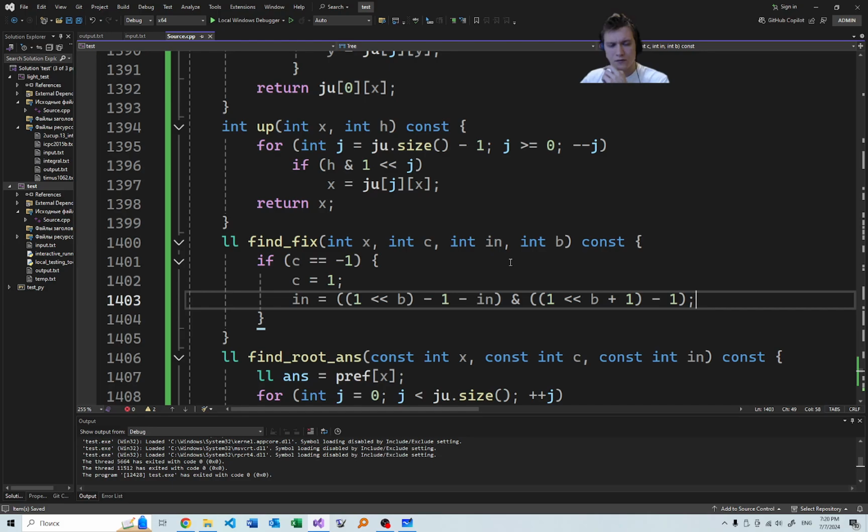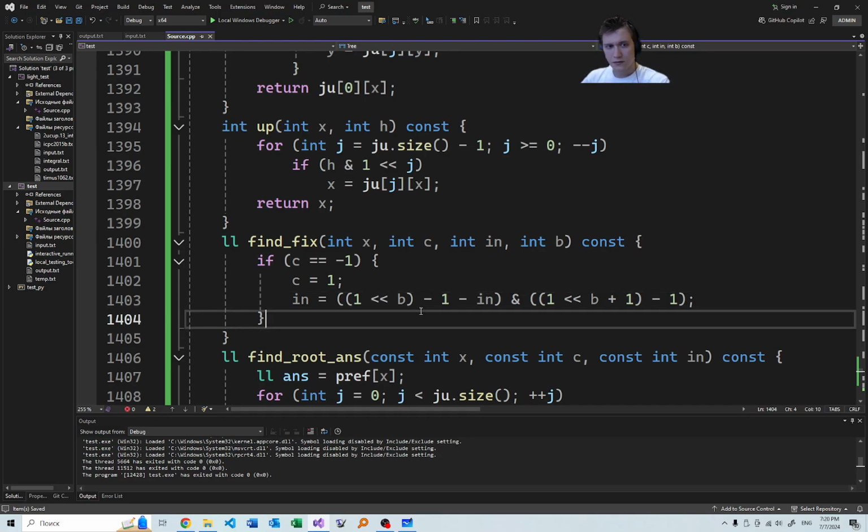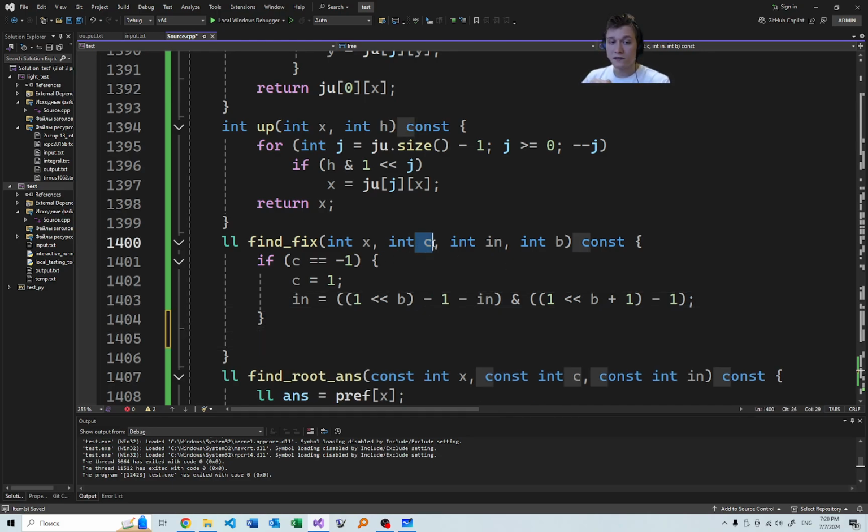Probably like this. Okay, now c is simply 1. So we only have x, in, and b.